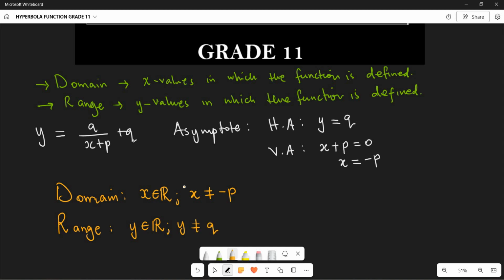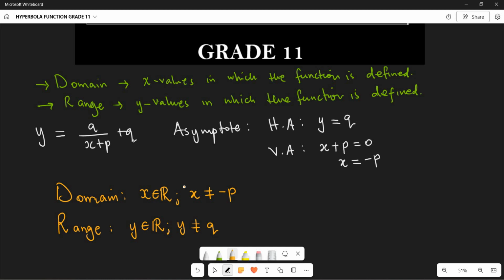Remember, y equals q is an asymptote and the graph does not exist there. x equals minus p according to the equation, the function does not exist. So they are not defined in those values. x cannot be minus p because it will make the function undefined. y cannot be q because it will make the function undefined as well.